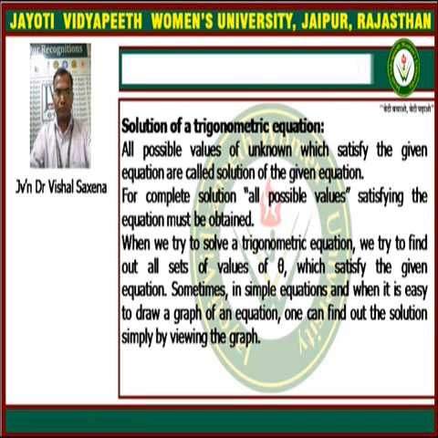When we try to solve a trigonometric equation, we try to find all sets of values of theta which satisfy the given equation. Sometimes in simple equations, when it is easy to draw a graph of the equation, one can find the solution simply by viewing the graph.